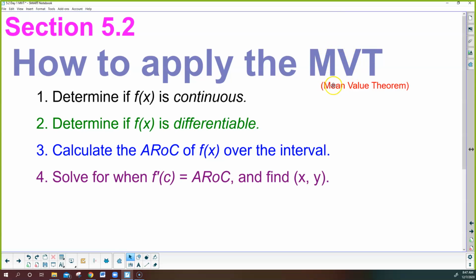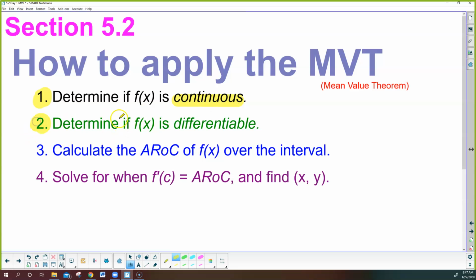Well, mean is really just referring to the word average. So think of it as the average value theorem. That's what we're testing: if we know the average value, does that average value match the derivative? There are 4 steps. The first 2 are confirmation pieces. You have to state that these 2 pieces exist. So you have to determine if the function given is continuous, and you have to say it is.